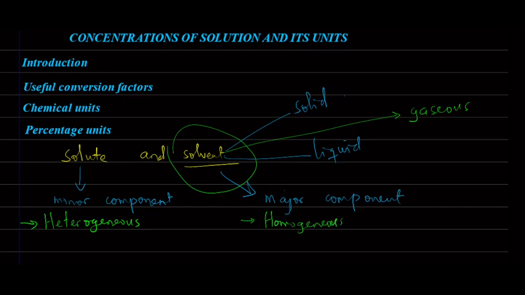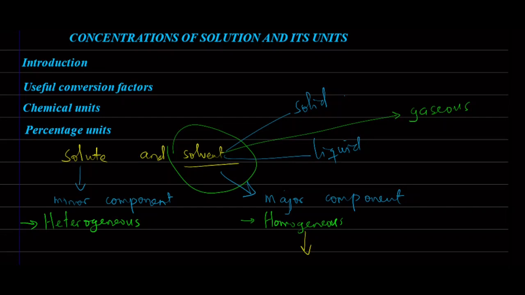In homogeneous solution, there is complete interaction between the particles of the solute and the molecules of the solvent. That means the solute and the solvent interact very well. As a result of that, it always involves a single phase. For example, dissolving salt in water, which will form salt solution.